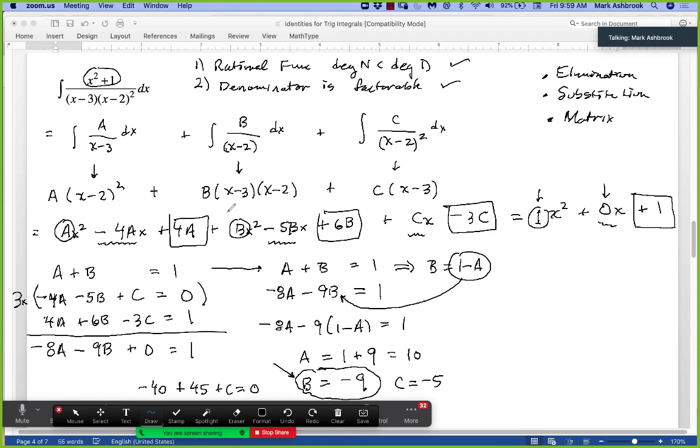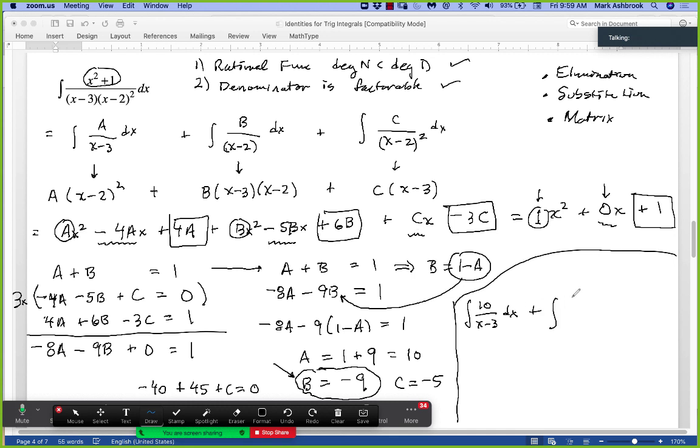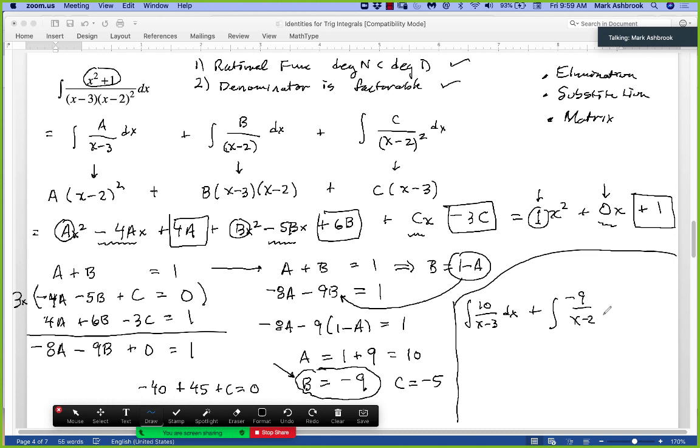Other questions? All right, so we're ready to rewrite it now. So a was our 10. Now we're ready to write the integral: 10 over x minus 3 plus negative 9 over x minus 2 plus negative 5 over x minus 2 squared.